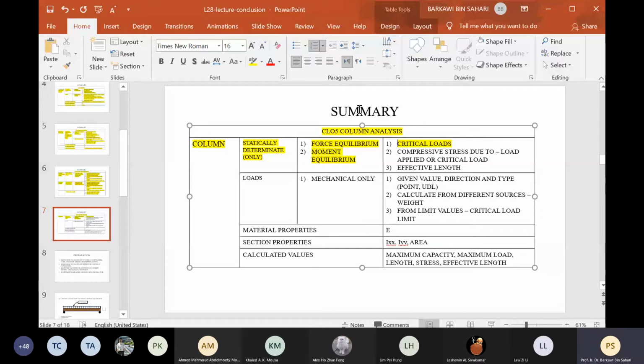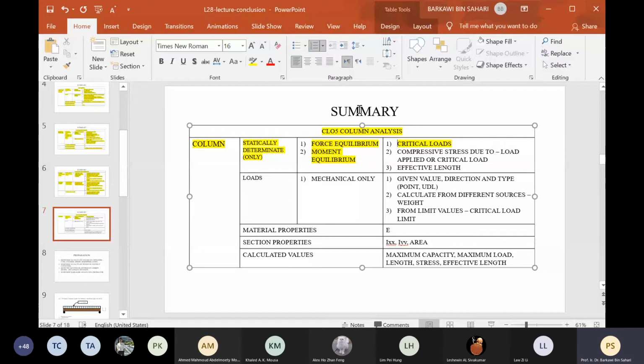It does not depend on external load. It depends on the Young's modulus, which is the material property. It depends on the length, which is the physical size of the column, and it depends on the I value. So it does not depend on external load. So it is the intrinsic property. It's like yield stress. It's like tensile strength. Critical load is like that.